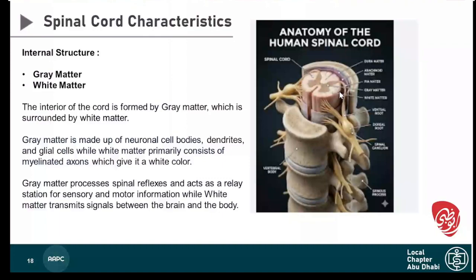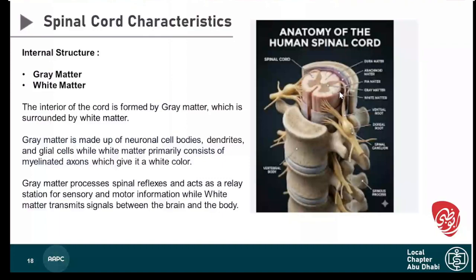Internally, it has 2 structures, the white matter and gray matter. The white matter transmits signals between the brain and the body, and consists of myelinated axons. The gray matter processes spinal reflexes and acts as a relay station, and is made up of neuron cell bodies, dendrites, and glial cells. This is about the anatomy of the spinal cord and spinal column.